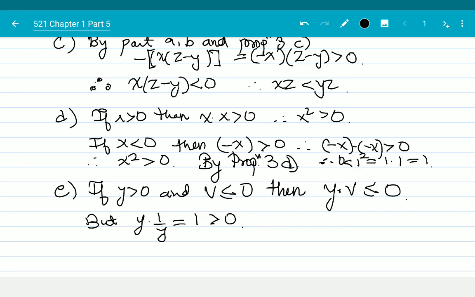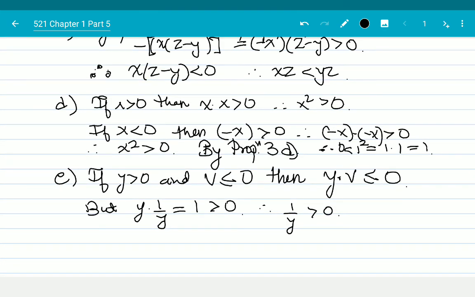So this is greater than 0 from the previous part, and therefore 1 over y is greater than 0. Great. I have shown that 1 over y is greater than 0.